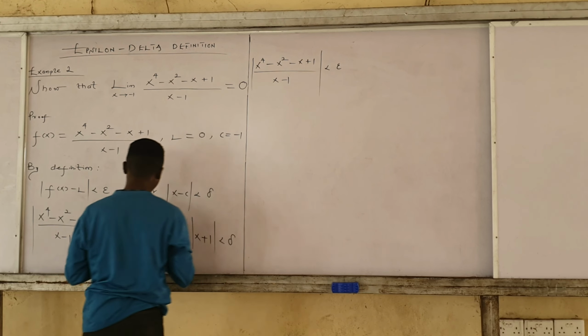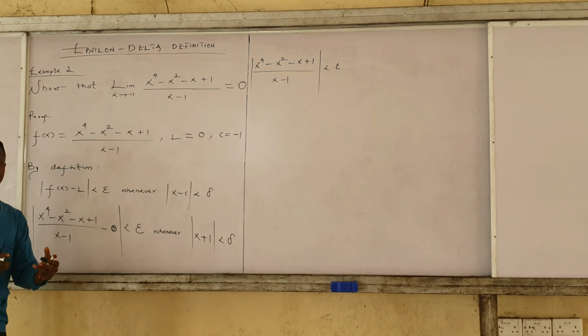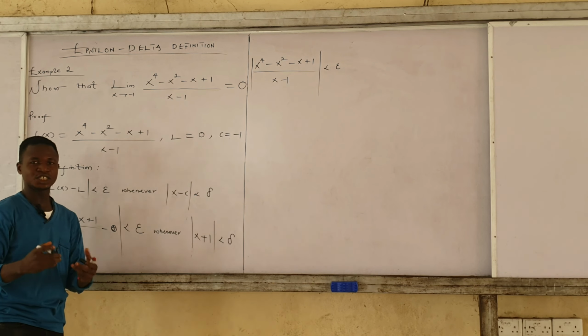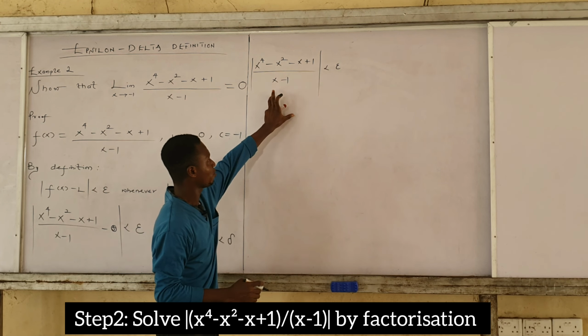So this is what we are having. So what do we have to do next? The next thing that we have to do right now is to establish a relationship between epsilon and delta. To establish that relationship between epsilon and delta, we would need to simplify this given expression.